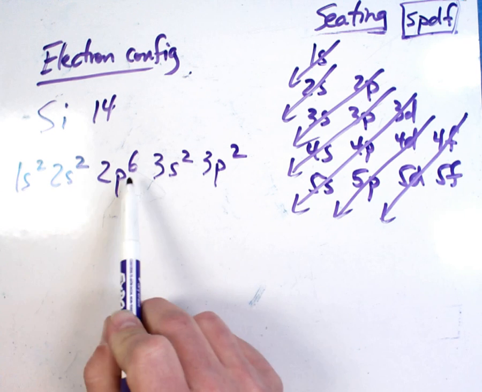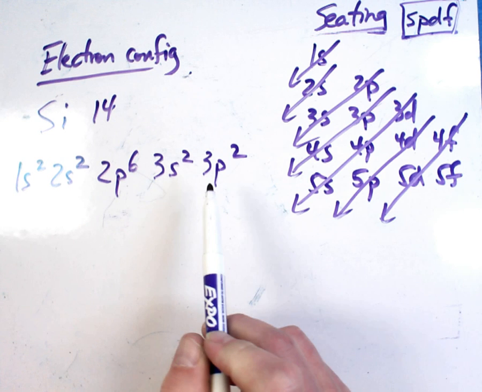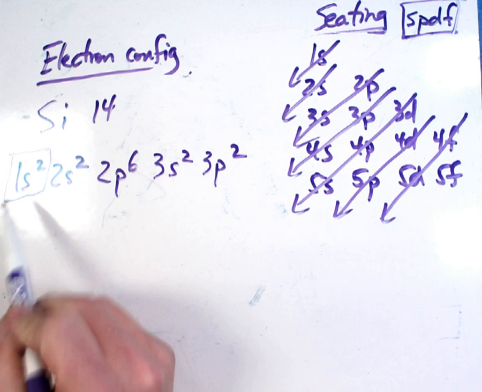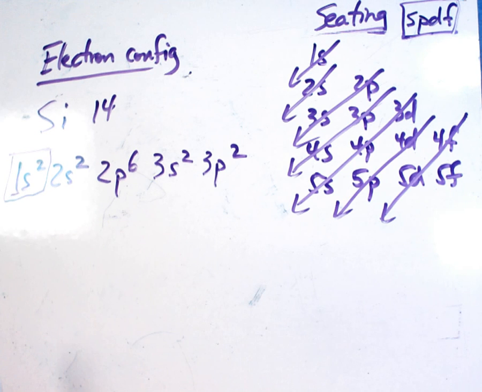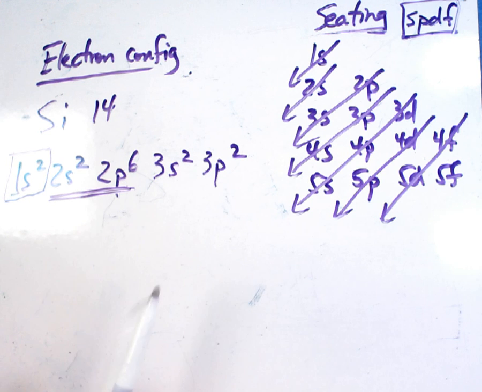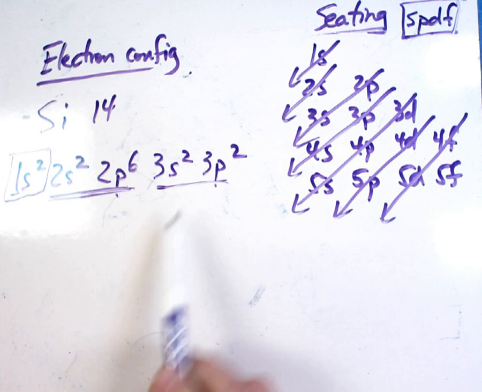This is called the electron configuration. 1s2, 2s2, 2p6, 3s2, 3p2. What does this do for us? Well, if I want to look, those are all the first ring. How do I know? Because it has a 1. How many are sitting in the first ring? 2. These are in the second ring. How many electrons are in the second ring? 8. How many are in the third ring right now? 4. It's simple adding.